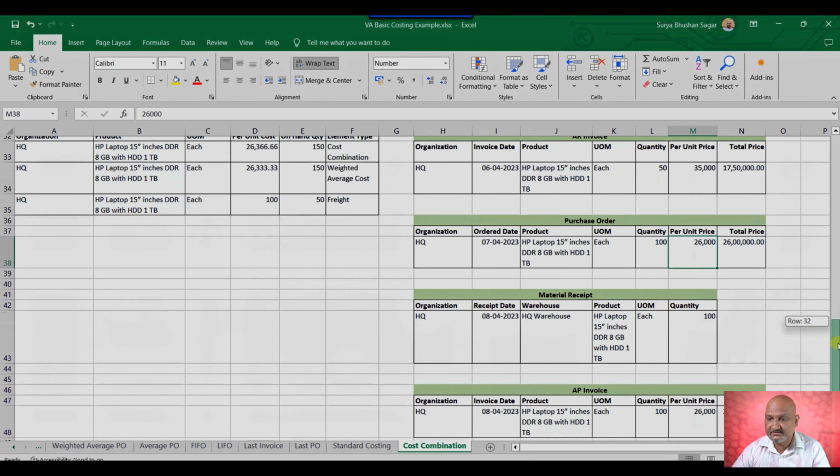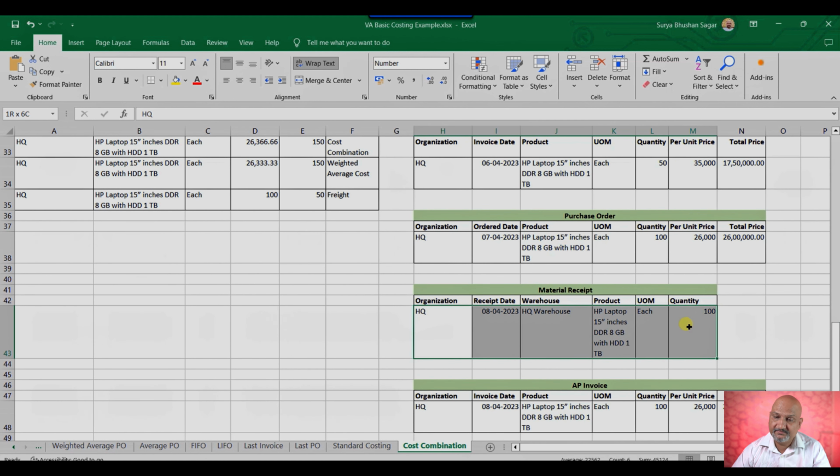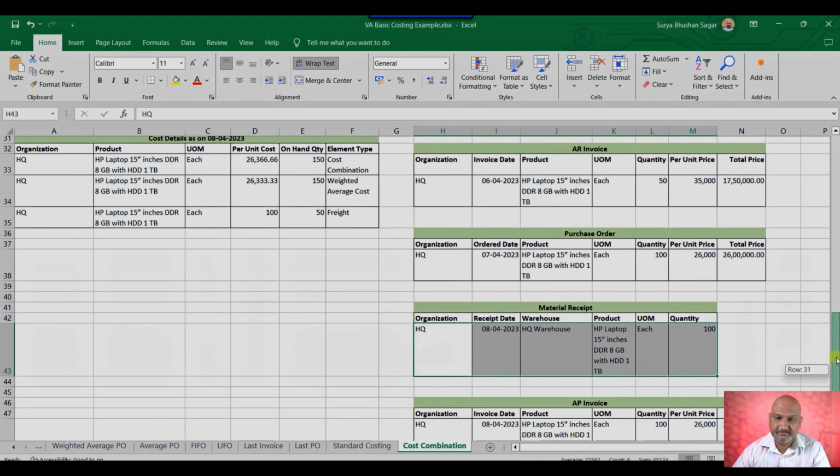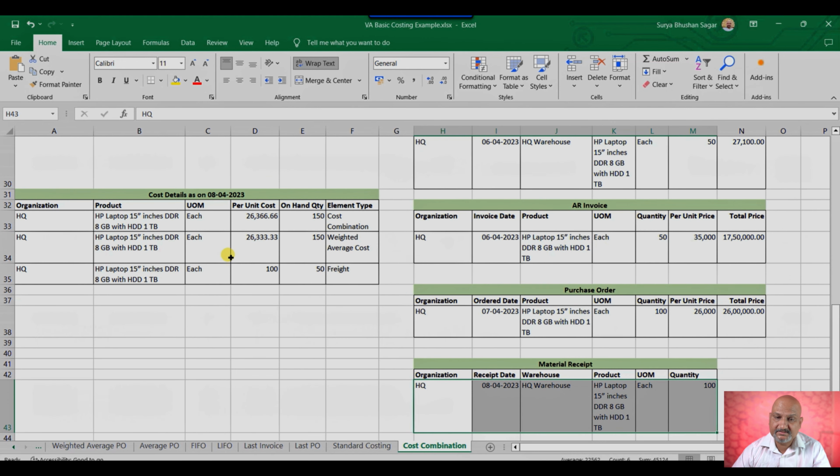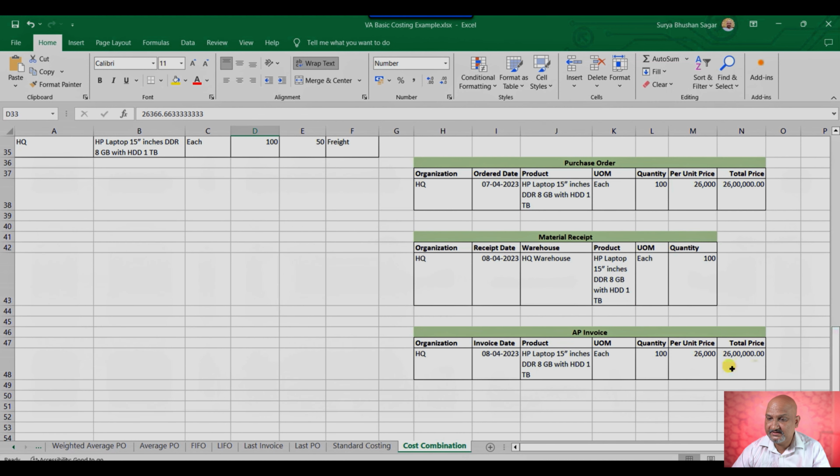As a result of the completion of the material receipt, once we receive this material, the cost for the product becomes 26,333 for the weighted average, and it is going to be 100 for freight. So the overall cost for this product is 26,366. And if there is any change in the per unit cost of the AP invoice, that would be considered by the system.